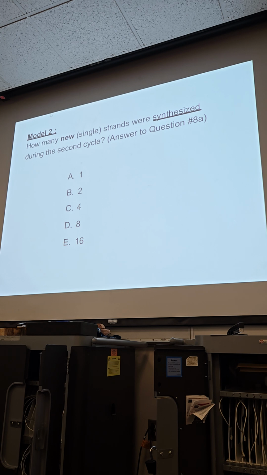We did get it right. So we did 2 new strands? Are we supposed to find the length of the strands? Like how many base pairs do they have? Okay. Is it 2?